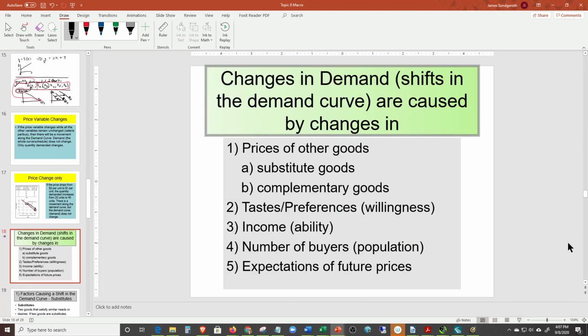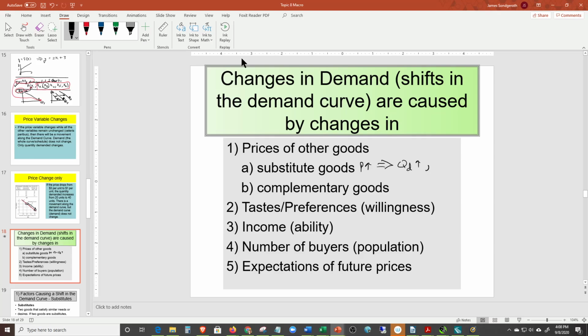Okay, so these are the shift variables, the ceteris paribus variables: prices of other goods, substitute goods, complementary goods. Let's say the price of the substitute good goes up, and that will mean that the quantity demanded of the good we're interested in will also increase, because people who had been buying the other good will stop buying as much and start buying more of this.